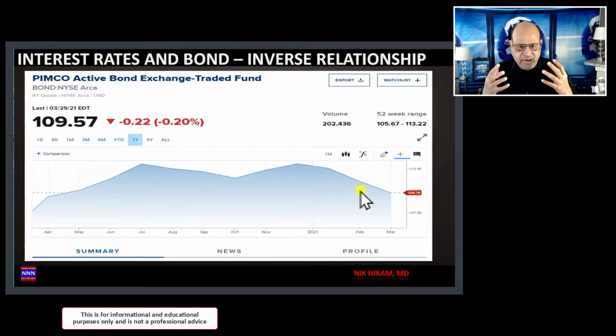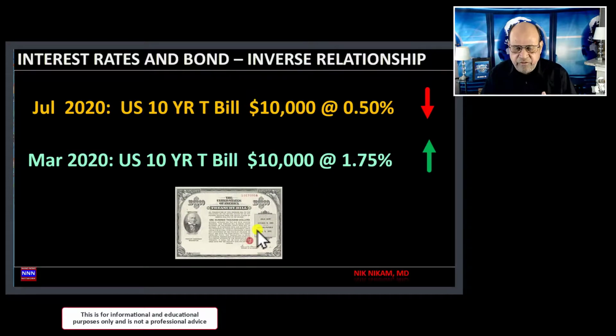So the basic concept is the face value of the treasury bill is $10,000 in both cases. But when the interest rates go up, the treasury bill will lose its value.